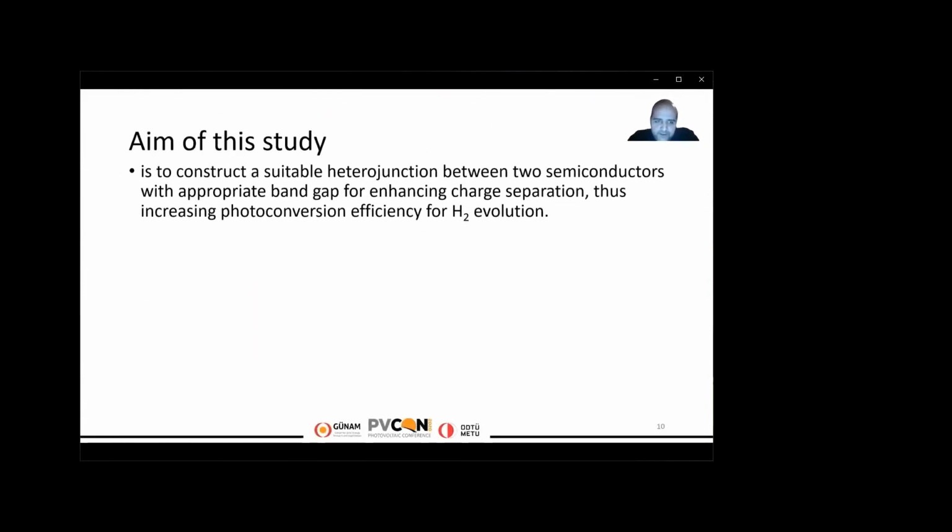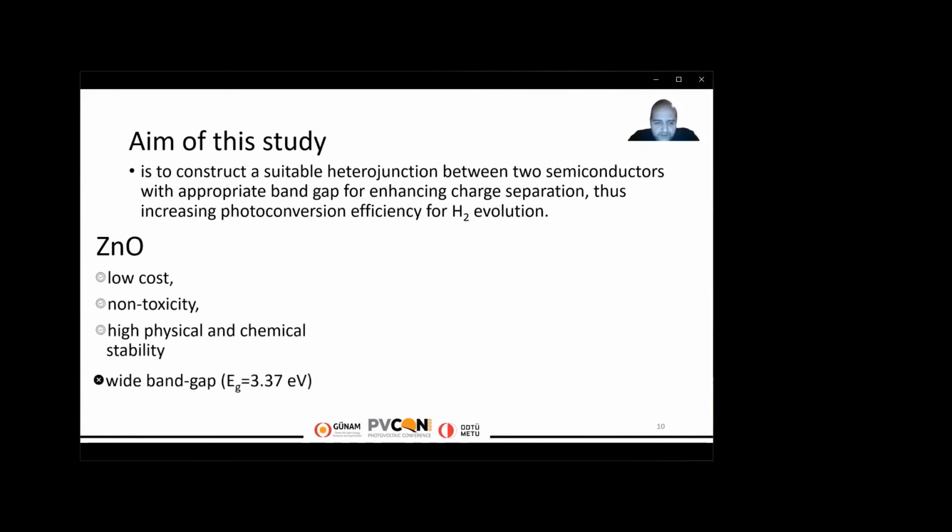So the aim of this study is to construct a suitable heterojunction between two semiconductors with appropriate band gap for enhancing charge separation, thus increasing photoconversion efficiency for hydrogen evolution. We used zinc oxide because it's low cost, non-toxic, and has high physical and chemical stability, but suffers from a wide band gap and also recombination of charge carriers.